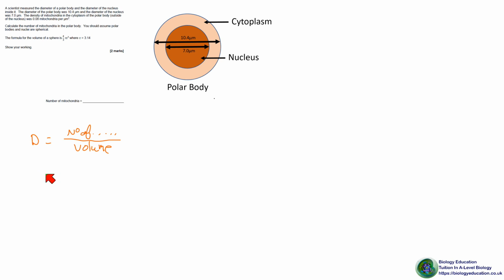You're given the equation, which is 4/3 times pi, and they want you to use 3.14, times the radius cubed. We've only got the diameter, and the radius is half the diameter, so we have to divide the diameter by 2 to halve it, and then we need to cube it.